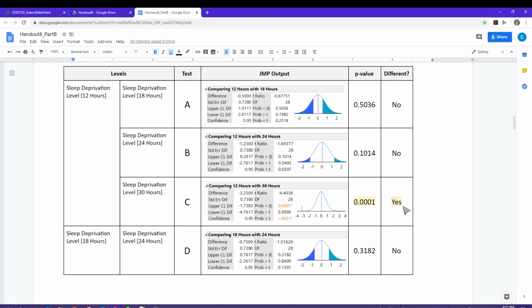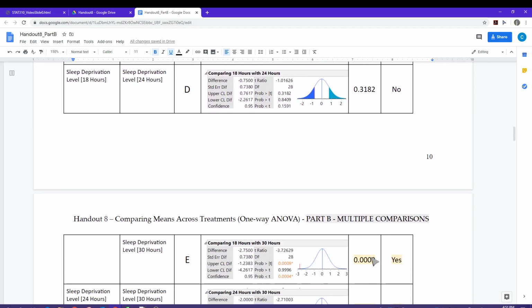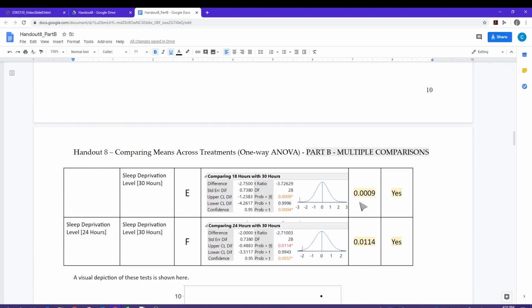And this is a significant difference in the average number of touches. We can compare 18 to 24. We do not have enough evidence there. That p-value is not small. We can compare 18 to 30. We do have a significant difference there. And then finally, we can compare 24 to 30, and we do have a significant difference there.